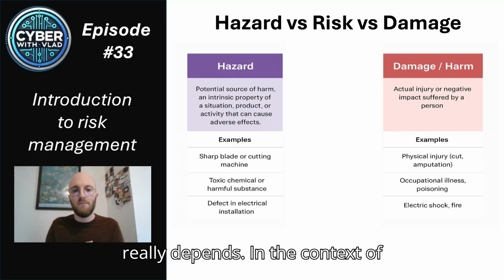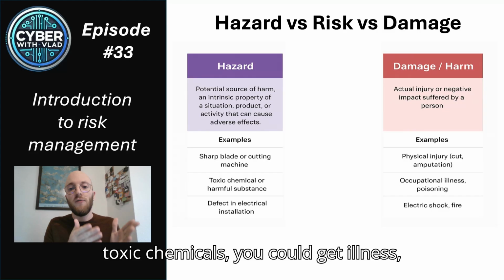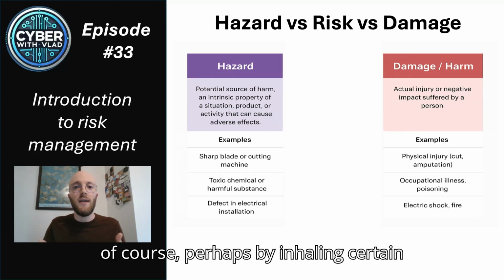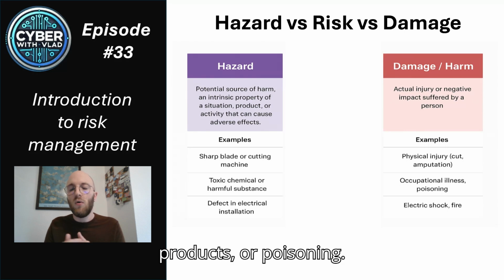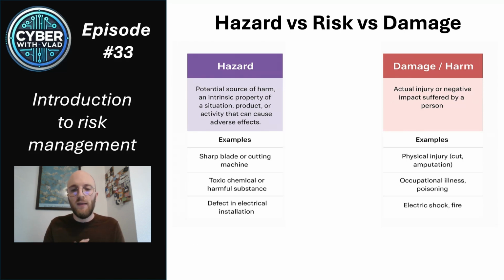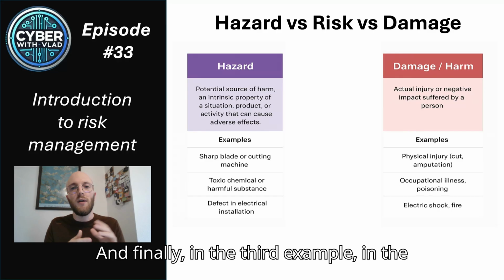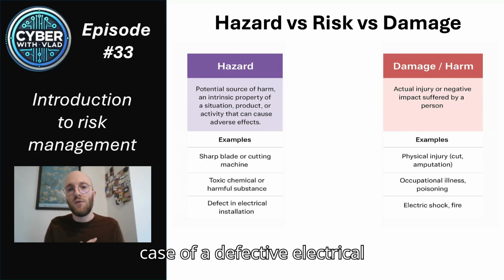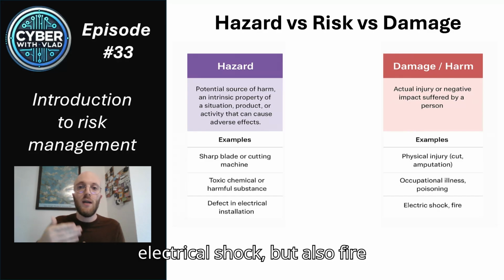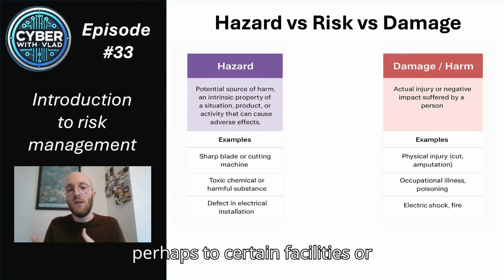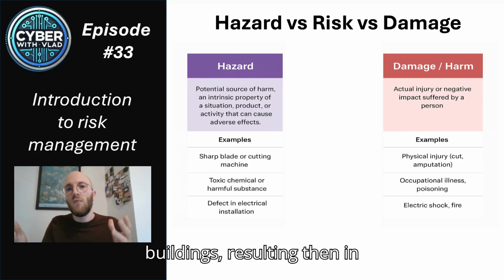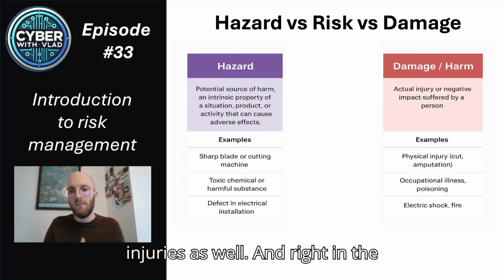It really depends. In the context of toxic chemicals, you could get illness, perhaps by inhaling certain products, or poisoning. And finally, in the third example, a defective electrical installation could result in electrical shock, but also fire, perhaps to certain facilities or buildings, resulting then in injuries as well.